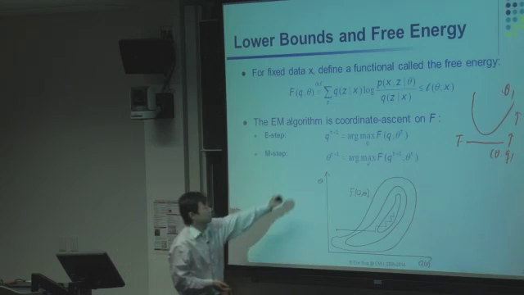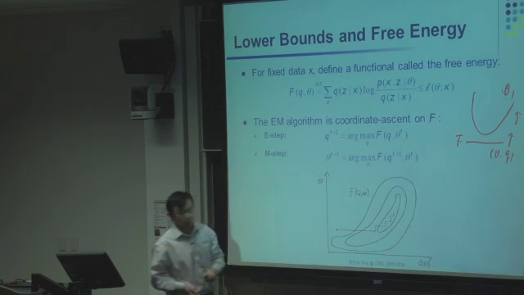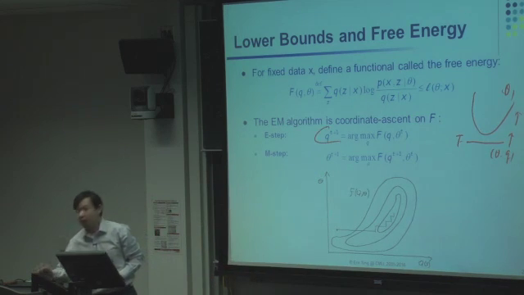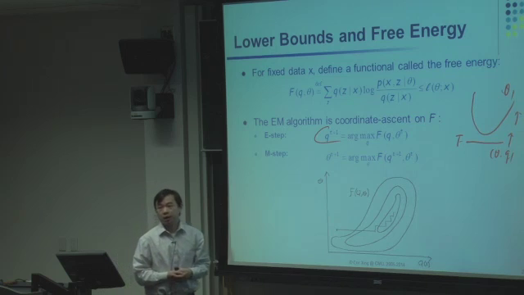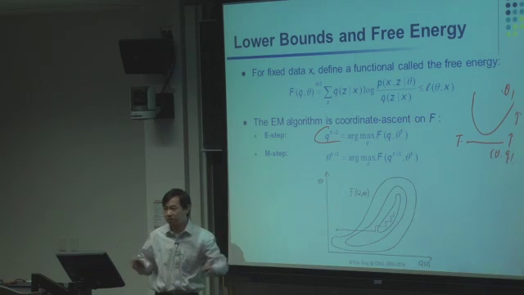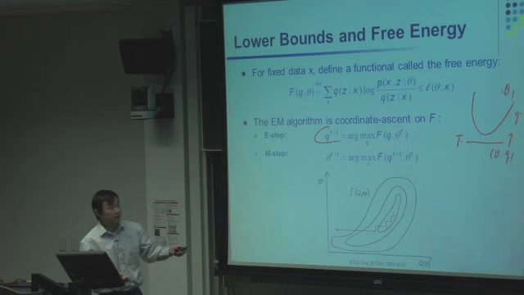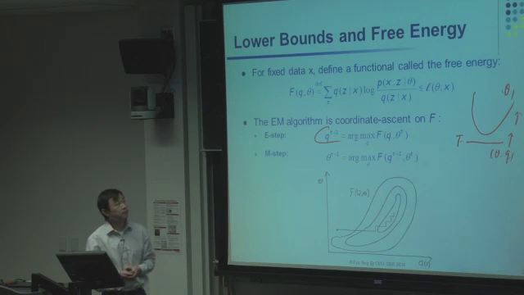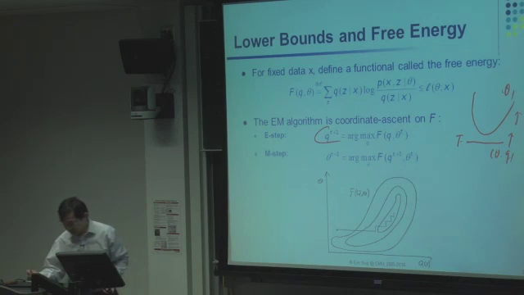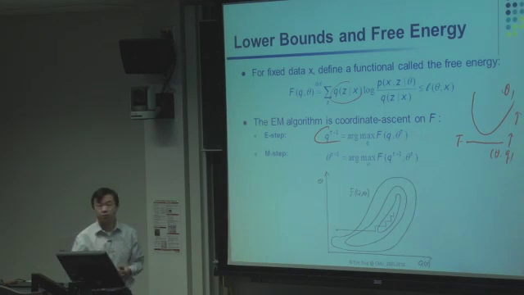Well, it's because when you are doing the E step, you are estimating, among all possible distributions of Z, which distribution is maximizing the F function. Okay? So by inspection, if you have the freedom to choose this Q in an arbitrary way, what is the choice that maximizes this term?